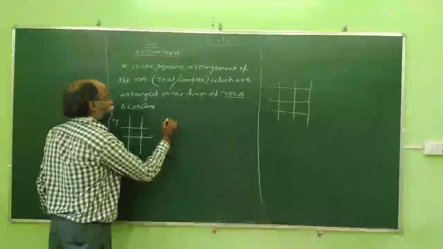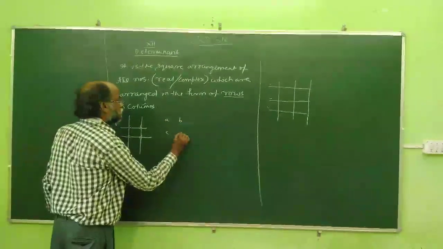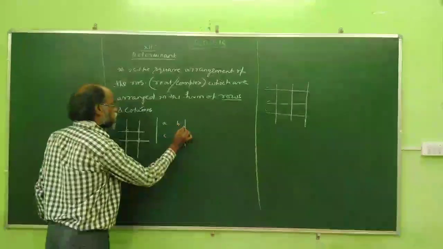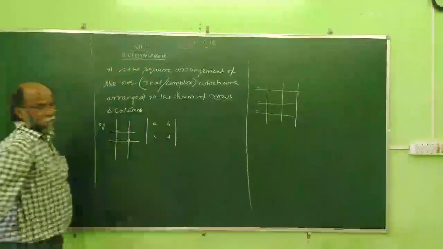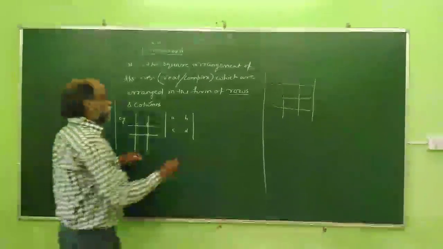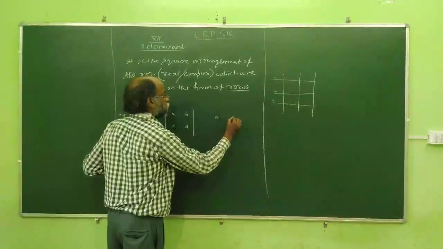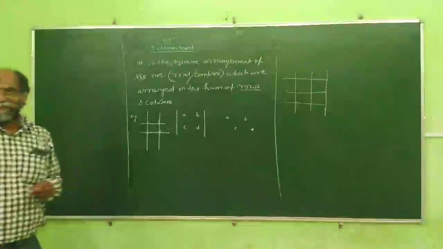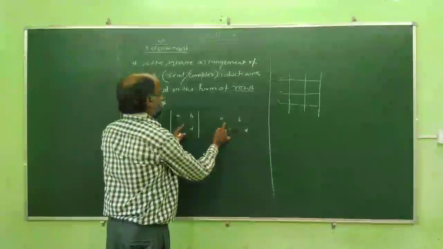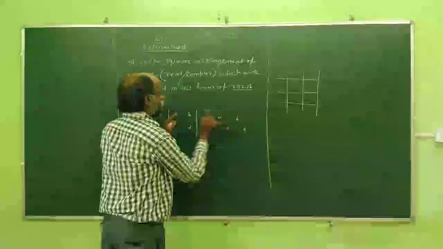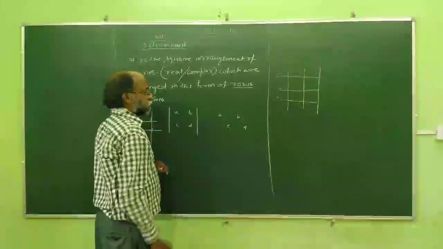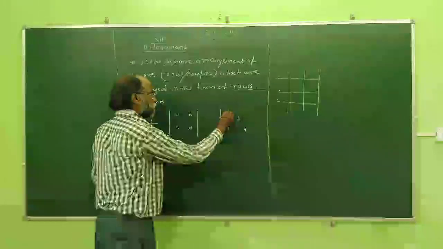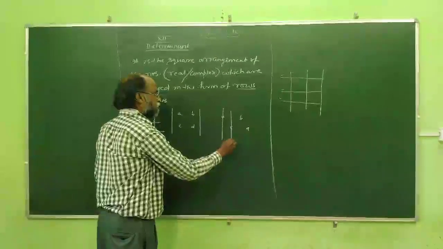And for determinant, we are using 2 vertical lines. And you should keep the elements within 2 vertical lines. This is the format for determinant. And you see another arrangement A, B, C, D. Here these 2 arrangements are different. Though the elements are same, but the arrangement is different. Why? Through the letters, you put the vertical lines.